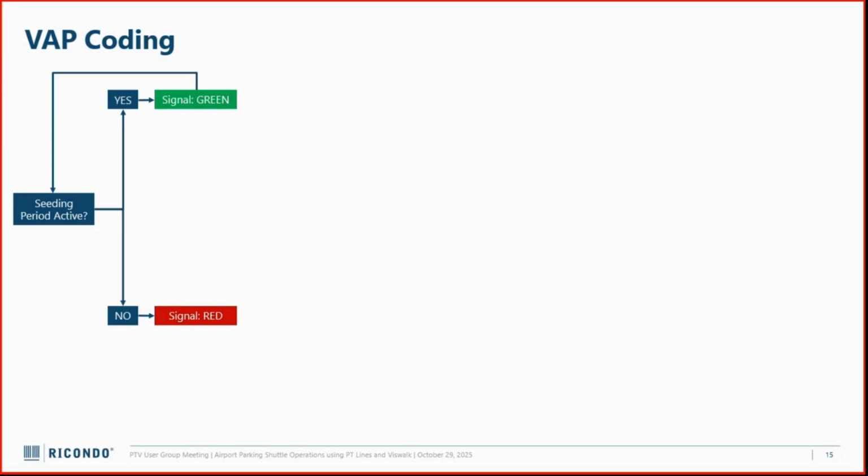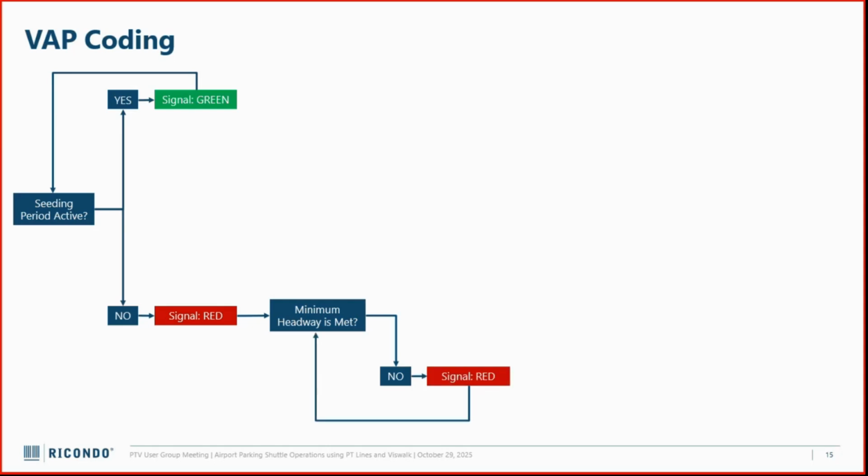And this is the starting point for the second half of the VAP. After that, we're asking if the minimum headway is met. And if it is not, then the signal head will remain red. If a shuttle were to arrive at this point, it means that the headway has collapsed. So we ask the driver to hold within the lot in order to try to regenerate that headway.